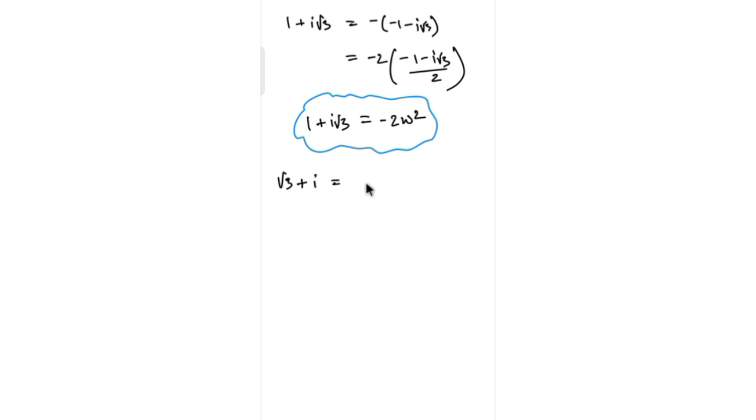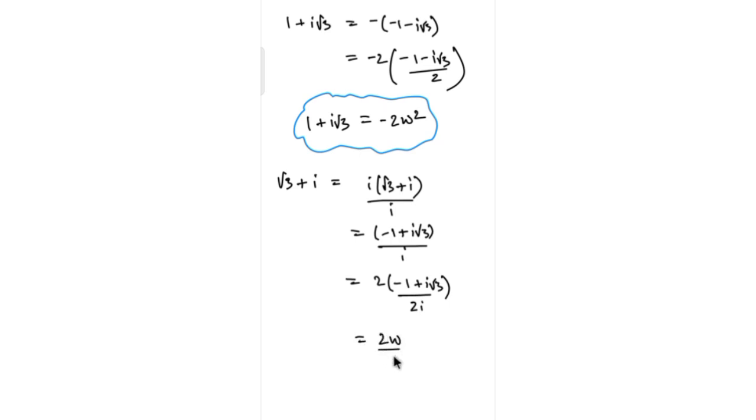Now you can multiply and divide by i. So when you multiply and divide by i, you get i of root 3 plus i divided by i. When you multiply inside, i into i is minus 1 and i into root 3 is i root 3, so divided by i. If you multiply and divide by 2, you get 2 of minus 1 plus i root 3 divided by 2i, and this is again our omega.